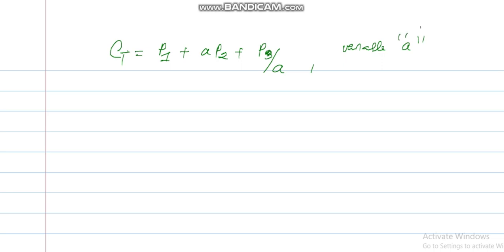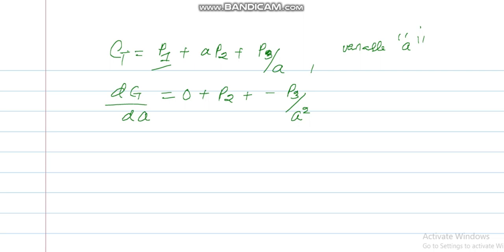Kwa hiyo tunasema dC total with respect to dA equals differentiation of this is 0 plus differentiation of this we get P2 plus differentiation of this we get what? We get minus P3 over A squared. Okay?